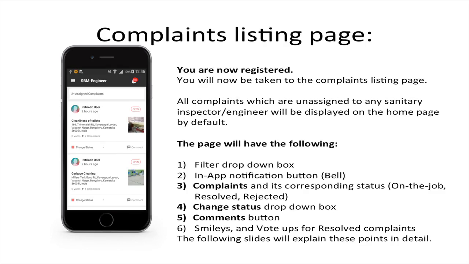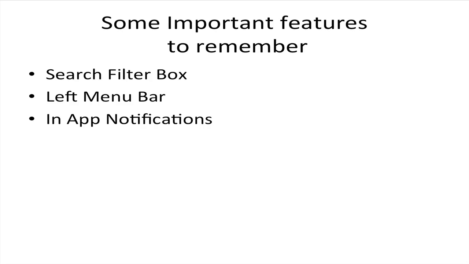The page will have the following features: filter drop-down box on the top, in-app notification button or bell next to the drop-down box, complaints and its corresponding status like on the job, resolved or rejected, change status drop-down box on the complaint card, comments button below each complaint, smileys and vote-ups for resolved complaints below every resolved complaint. The following slides will explain these points in detail.